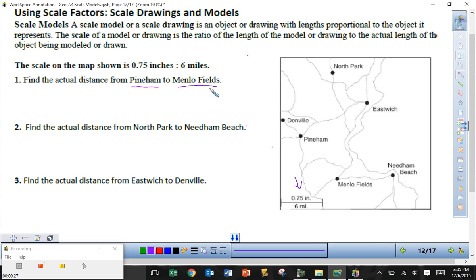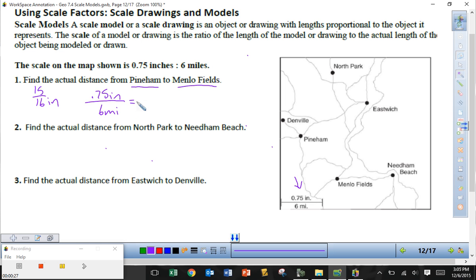Okay, when I measured it, I got that the distance on the map here was 15/16 of an inch. If that's true, we can set up a proportion to solve for how many miles that would translate to. Let's take our scale factor. We're told that 0.75 inches represents 6 miles.